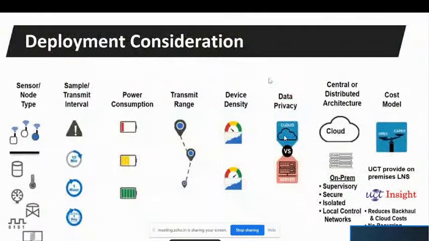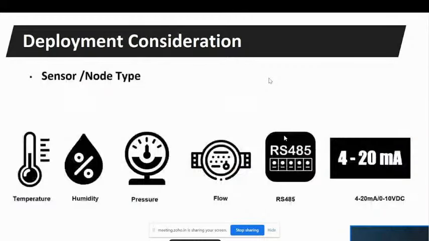So here, how to deploy a LoRaWAN network? What are the considerations? Here is a compilation of what considerations are needed for the LoRaWAN network to be deployed. I will be explaining these parameters in detail in the next slide. So this is how you can deploy a network. First thing is how to select a sensor node, like what device you will need.